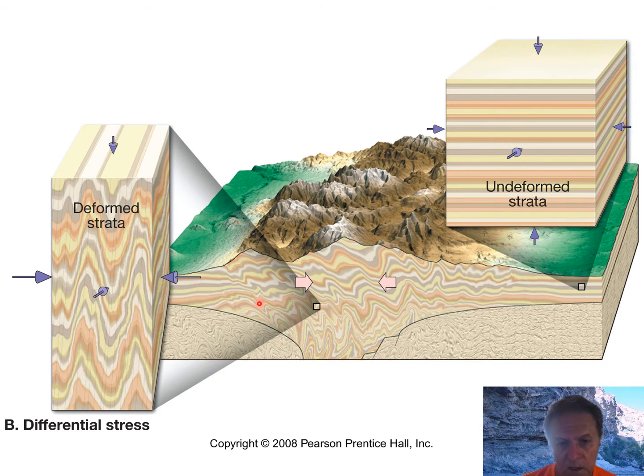Now the strata, which was originally horizontal uniform layers, tends to fold into these folds as you see here because of the differential stress. Undeformed up here, so shallow burial here, no differential stress. When you get into the central core of the mountain range, as these two plates are squeezing against each other, it sets up differential stress or pressure and deforms the rock at certain depths.